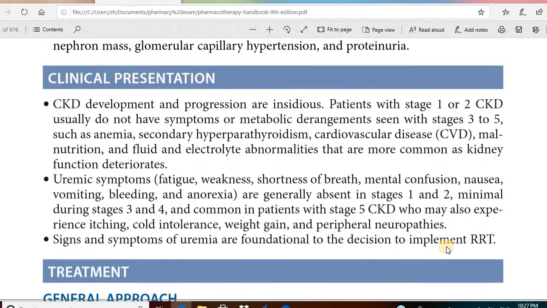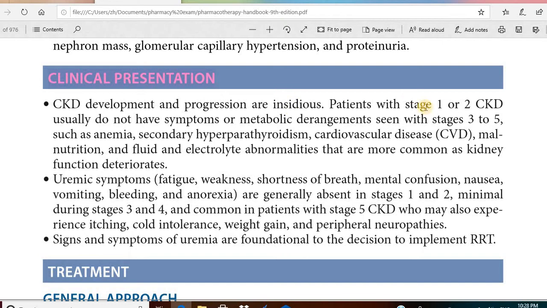So the clinical presentation. Clinical presentation means what are the symptoms, right? CKD development and progression are insidious. Like we cannot identify it right now, they develop progressively.